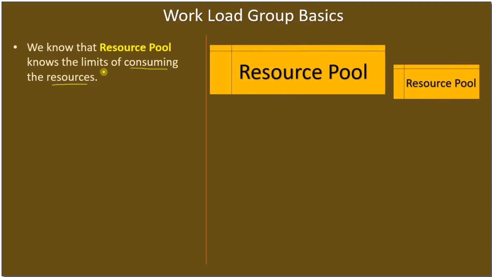So you can think of creating the resource pool like this. Let's state that this is a resource pool R1 and this is a resource pool R2, like we created my resource pool, right? Likewise, let's state that there are two resource pools created, R1 and R2. R1 consumes more CPU and memory freely.